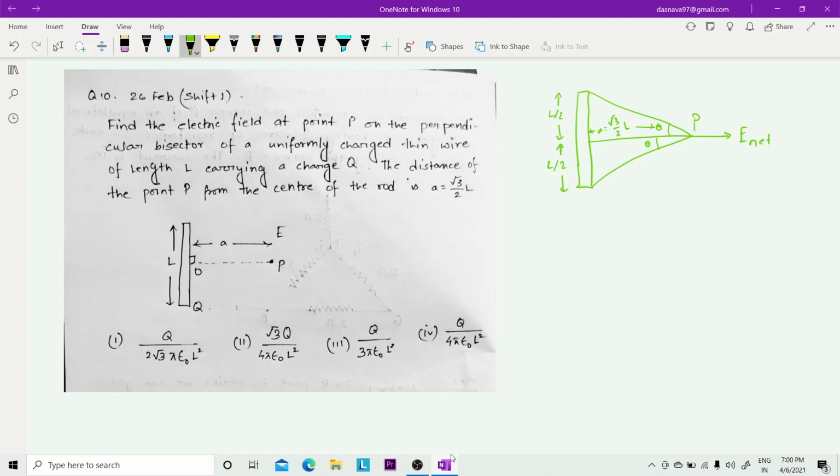Now as we can see, we have drawn the diagram. This whole conductor is of length capital L, but we divided it into two parts. From the center it will be L by 2.